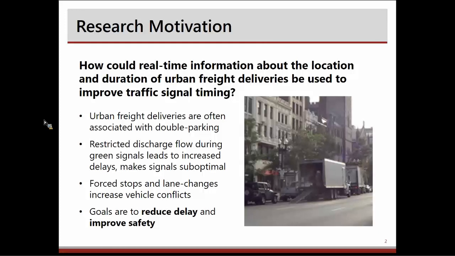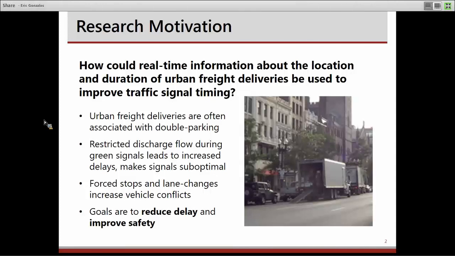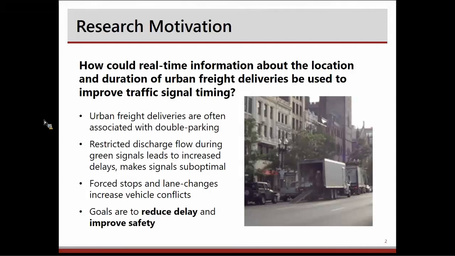And deliveries are often made by double parking, because the shippers don't have the time to go around looking for parking spaces that aren't available. And so they tend to, in dense urban areas, double park, blocking a lane of traffic while they load and unload, generally unloading goods. And we know that this has an effect on the capacity of the streets, but it hasn't been systematically studied.